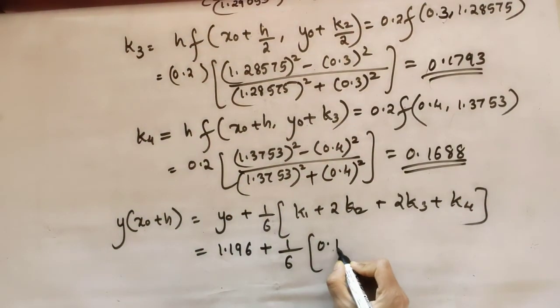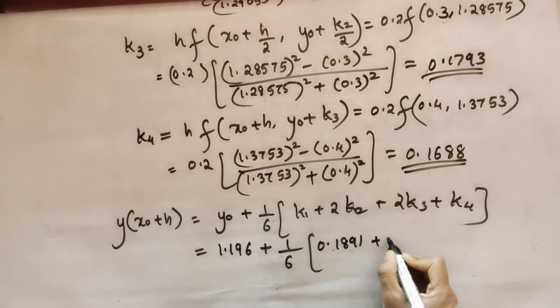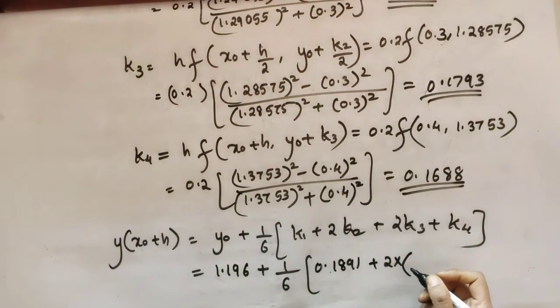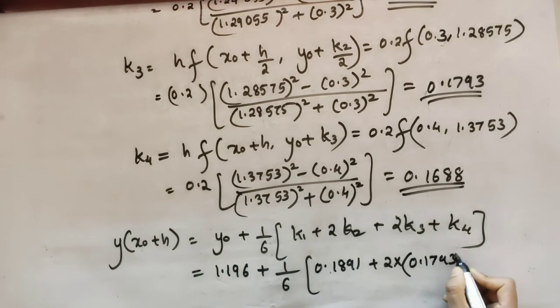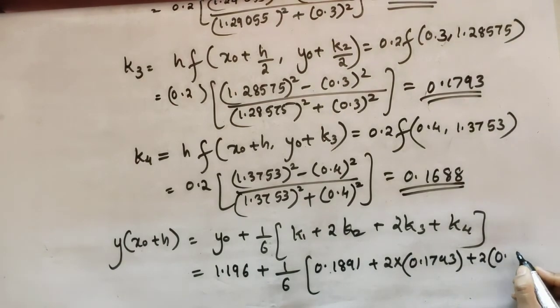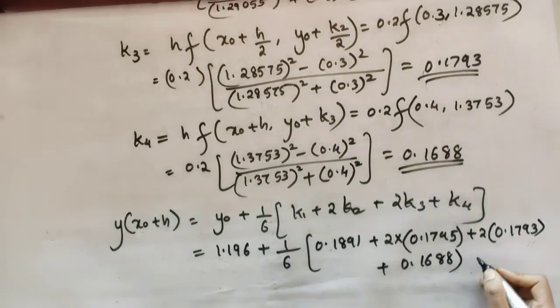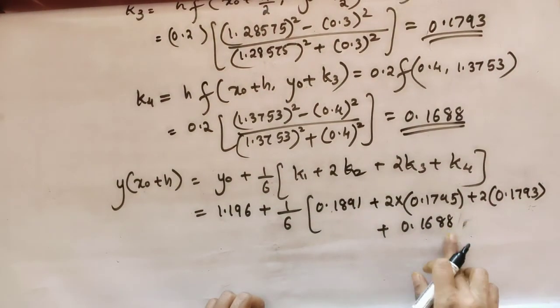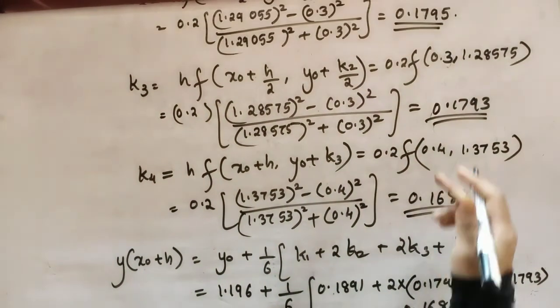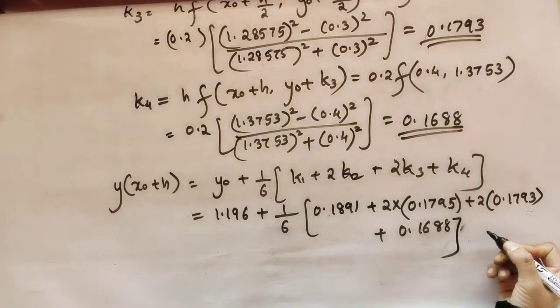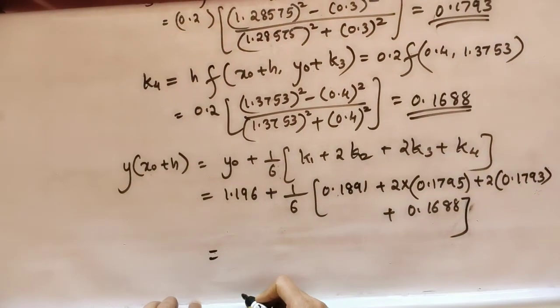It's 0.1891, plus 2 times K2, 0.1793, plus 2 times K3, 0.1793, plus K4 is 0.1688. Just do all that, put the values in your calci.